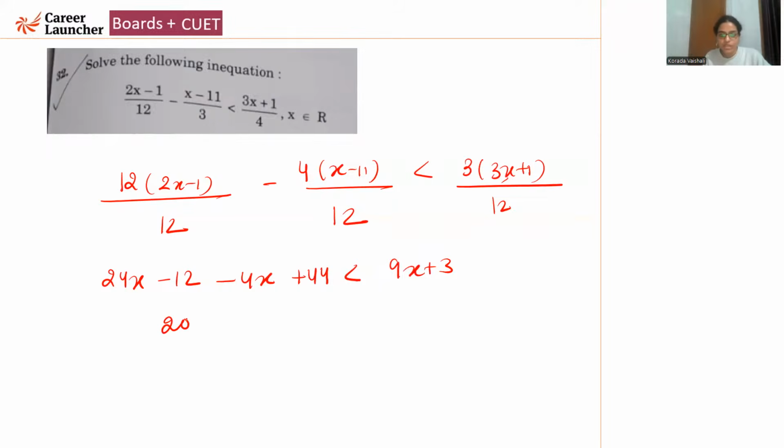Now we will have to solve this equation. And after solving this equation, you should be getting the value of x as greater than 40 by 11. So let's check that कि यही आ रहा है कि नहीं आ रहा है. So this is going to be plus of 32 less than 99x plus of 3, and subtracting the values you are getting.